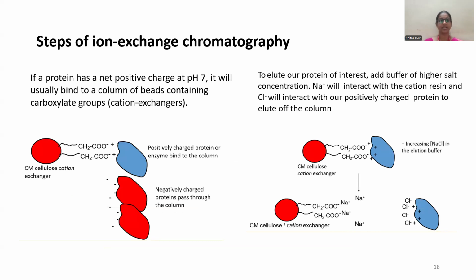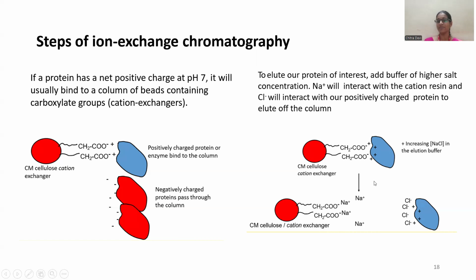So already I have shown this CM cellulose cation exchanger, no? Here it will attract the positively charged group, and the negatively charged groups will go through in the washing step and come out. Now you can see that the CM cellulose cation exchanger is bound with positively charged protein. In the next step you need to remove the specific positively charged protein.